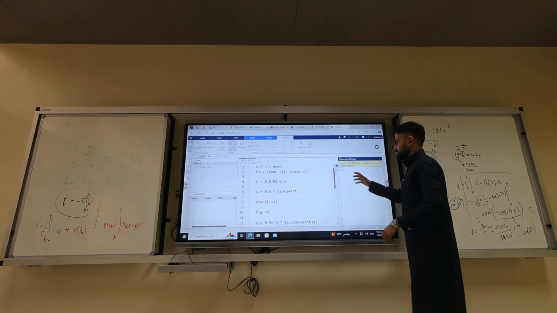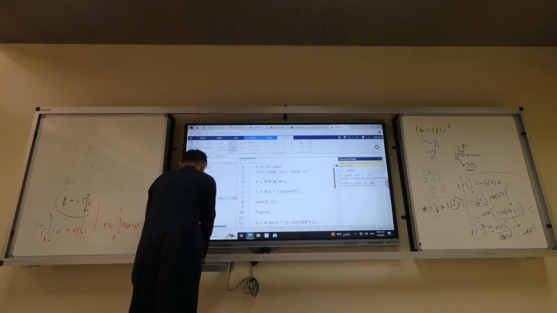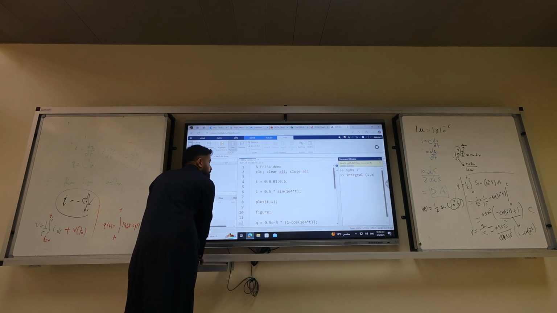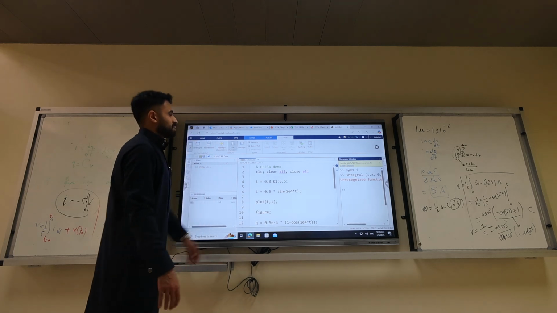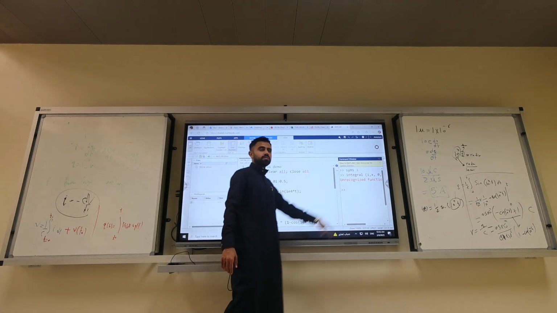If you use, for example, syms, then you can use the command integral of, let's say, i for x from 0 to 1. I don't know if it works or not. First we should put the function after that. Anyway, you have to create symbolic variables.